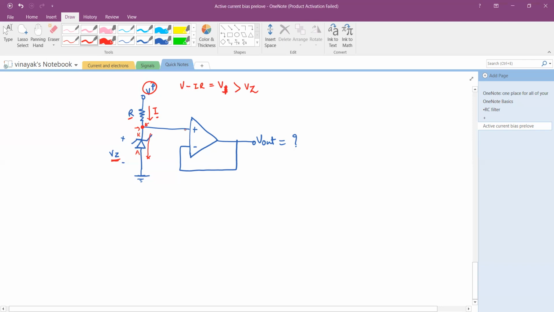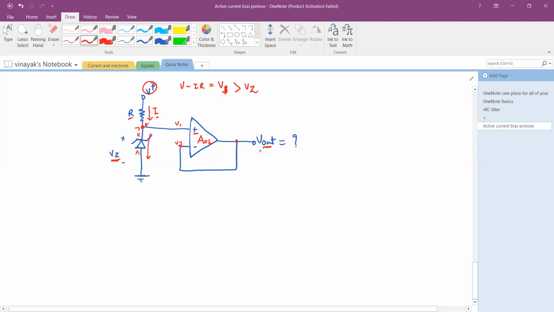And now this voltage is coming at the positive pin of the operational amplifier, or let's say an amplifier with open loop gain indicated with AOL, and the negative pin of this amplifier is short circuited to the output of this amplifier. And we say that this is your voltage V1, this is voltage V2.